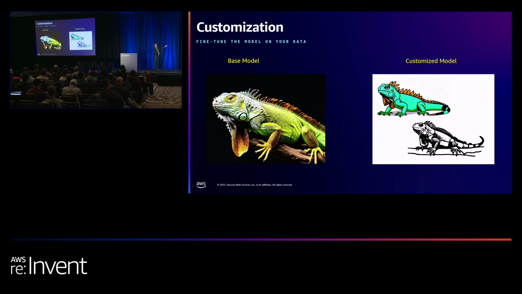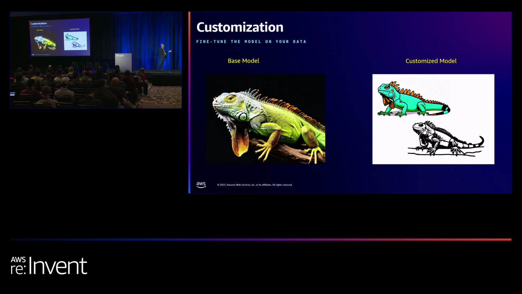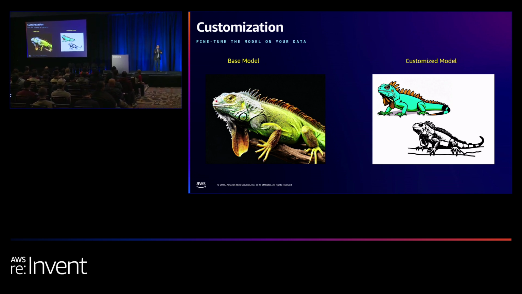And suppose the model cannot understand that. It will, but suppose it does not. Then you can, again, bring in some of the examples to the model, train it, and then the model will be able to generate the customized images based on what your use cases are.